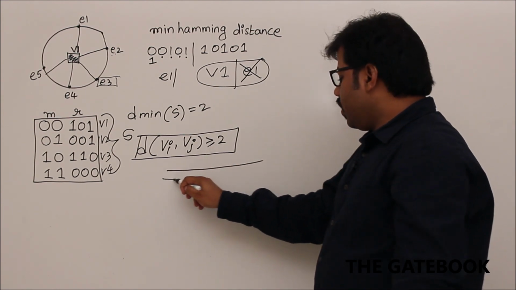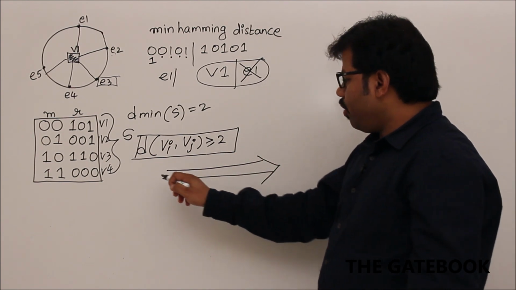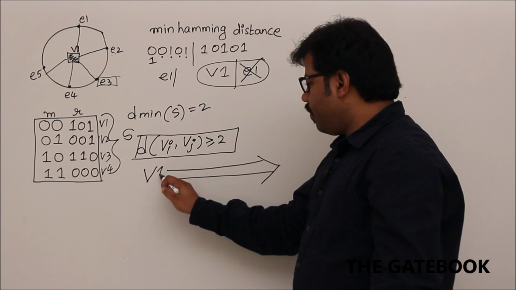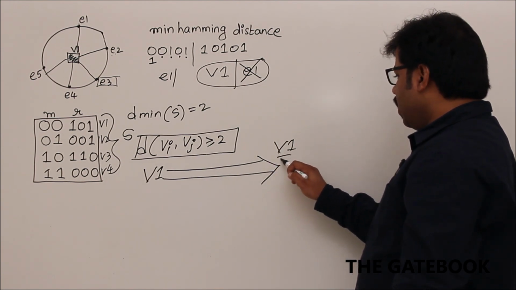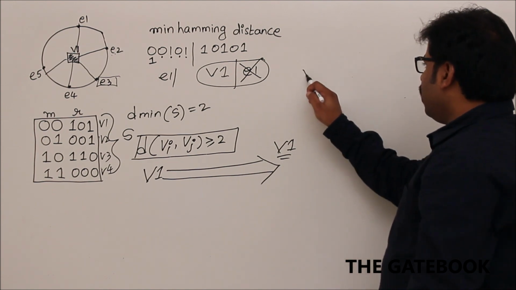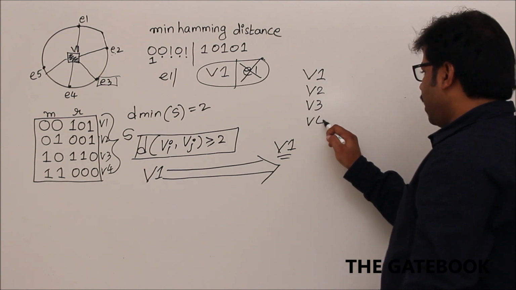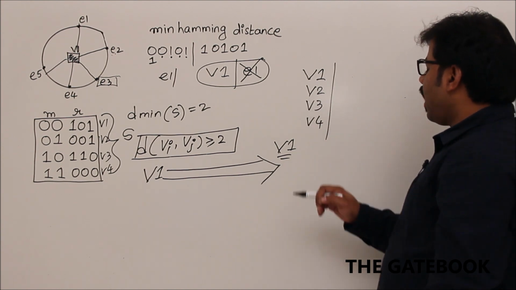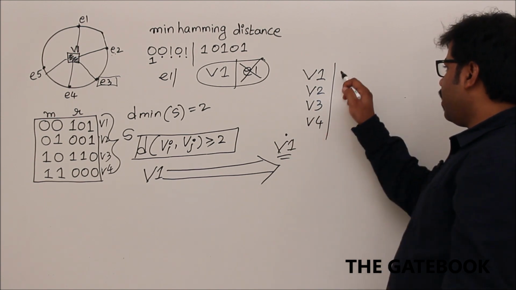Fine. Now first of all we'll see how the receiver is going to interpret things. For example, if you send a message or code word V1 and there is no error, for simplicity, what is going to happen, we will see. Your receiver will have all the valid patterns V1, V2, V3, V4 as a table. So it computes the Hamming distance between all those valid patterns and the received pattern.